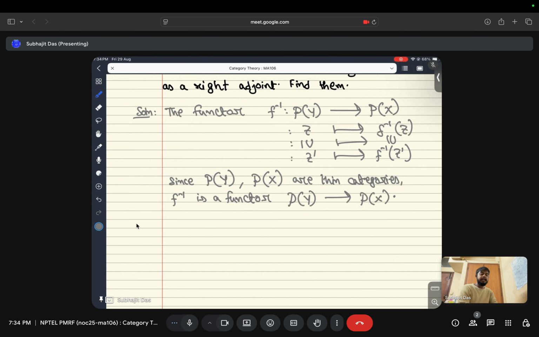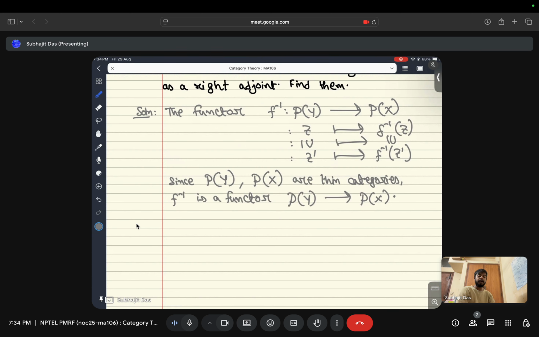Okay. Now to guess a left adjoint for this functor, we don't know if a left adjoint at all exists, but since this functor is pretty simple, we could right away guess this.